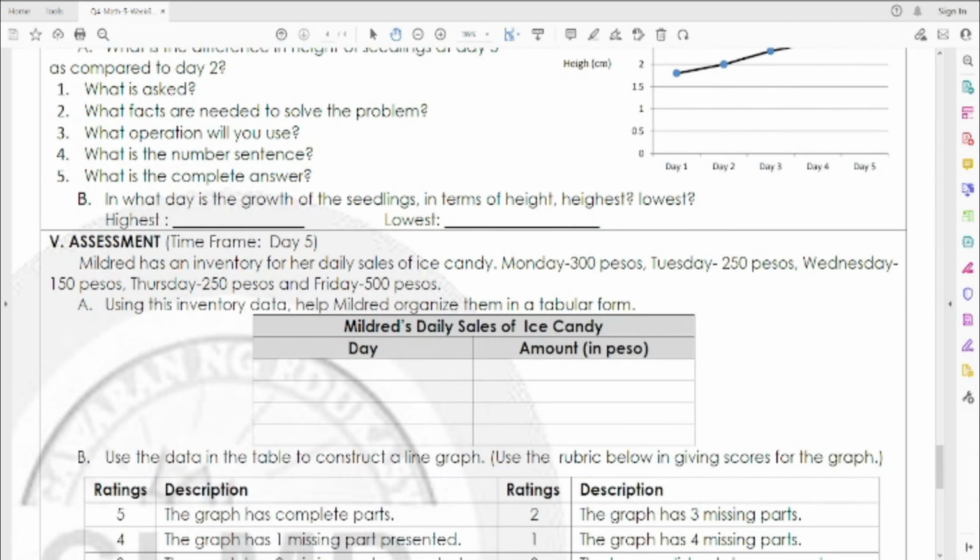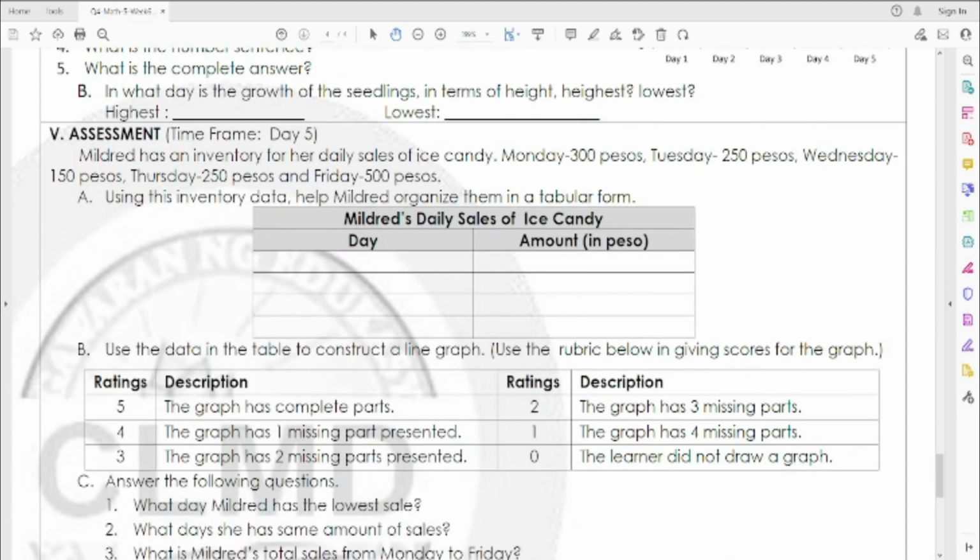And now for your assessment, I will read the problem. Mildred has an inventory for her daily sales of ice candy. On Monday, 300 pesos, Tuesday, 250 pesos, Wednesday, 150 pesos, Thursday, 250 pesos, and Friday, 500 pesos. Using this inventory data, help Mildred organize them in tabular form.